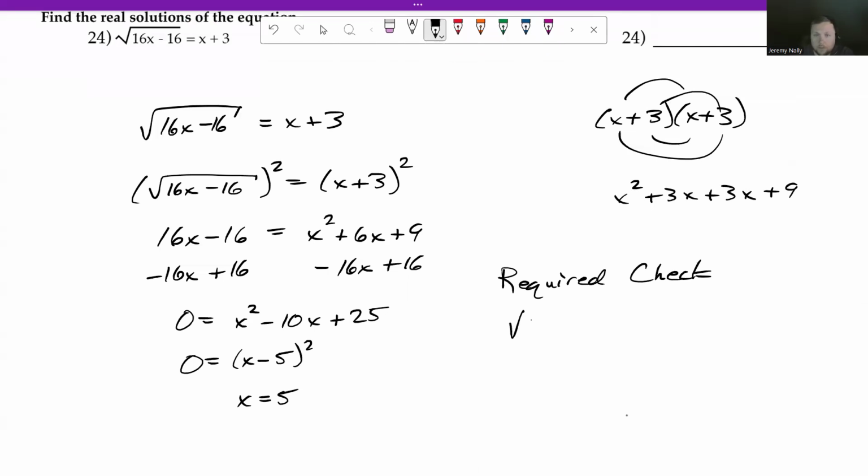So 16 times 5 minus 16 under the square root. Is this equal to 5 plus 3? So I have 80 minus 16.